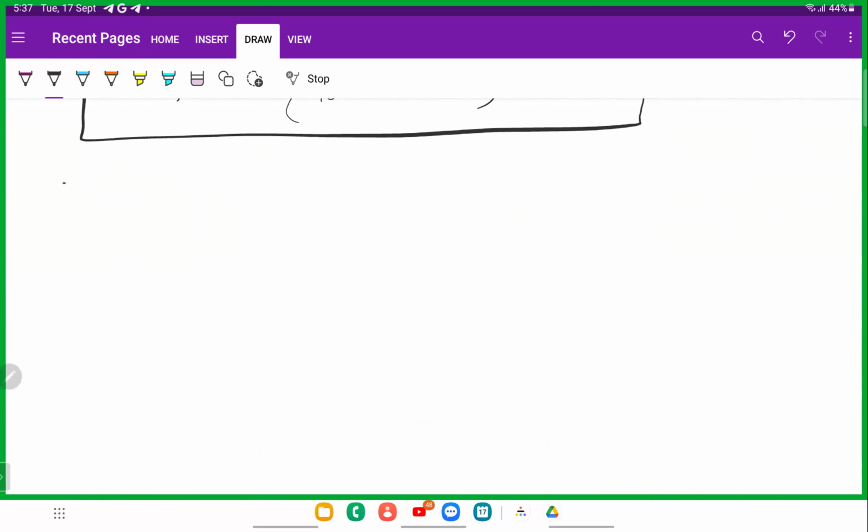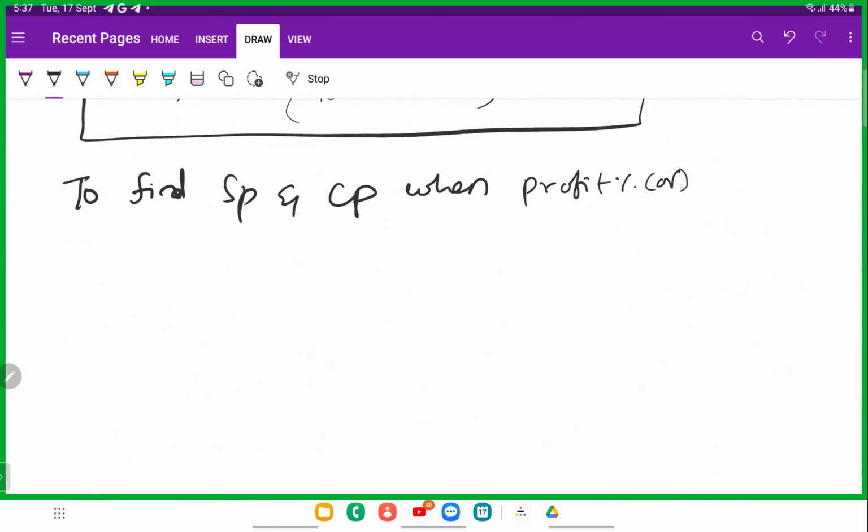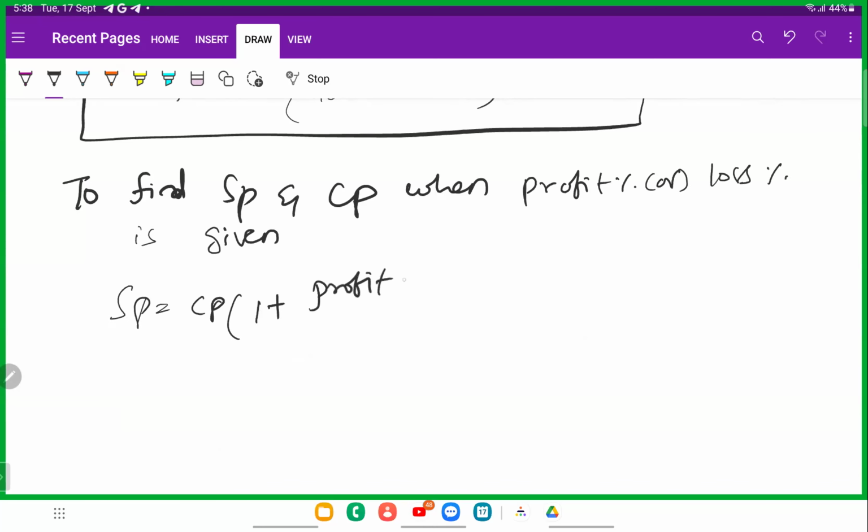For a better understanding, to find SP and CP when profit percentage or loss percentage is given: SP is equal to CP into (1 plus profit percentage by 100).